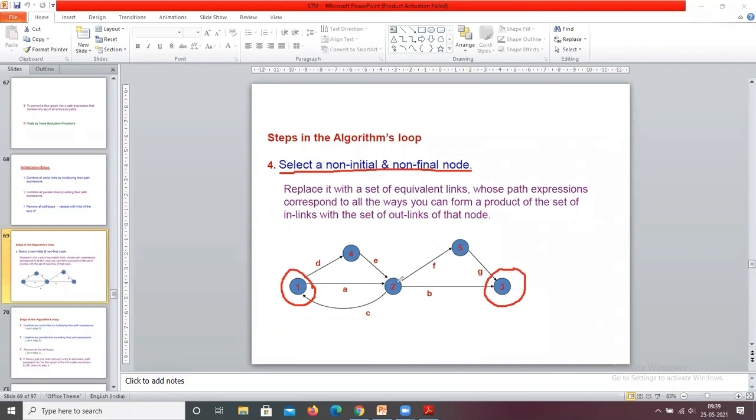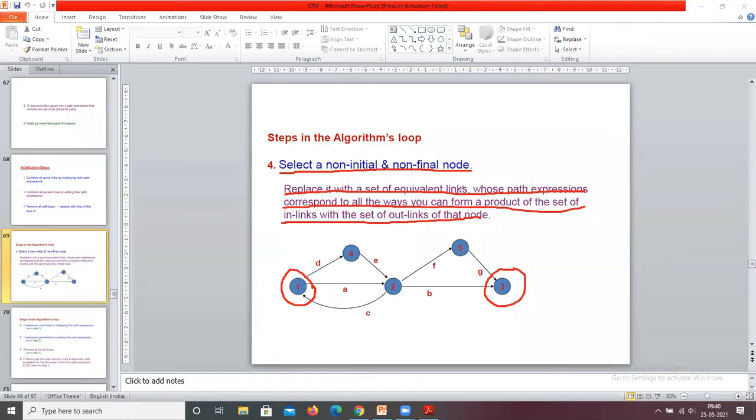In this 4 to 5, you are going to select one node and replace it with a set of equivalent links whose path expressions correspond to all the ways you can form a product of the set of in links with the set of out links of that node.